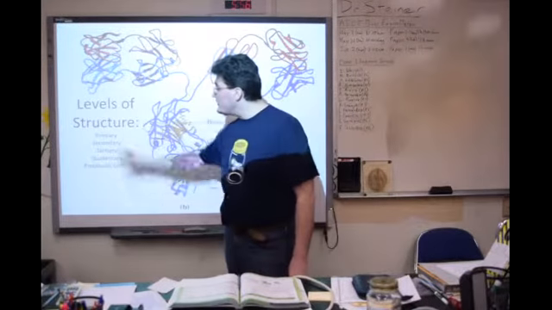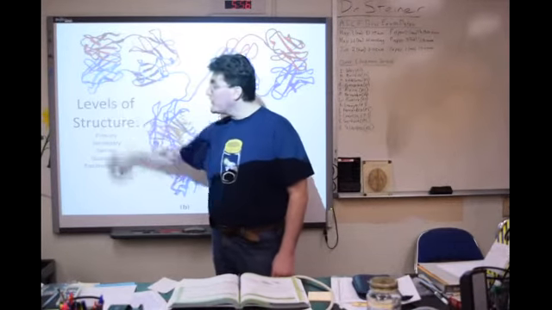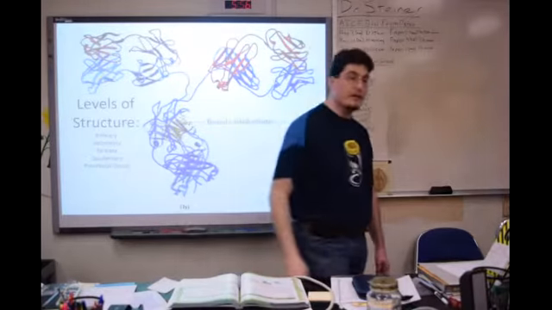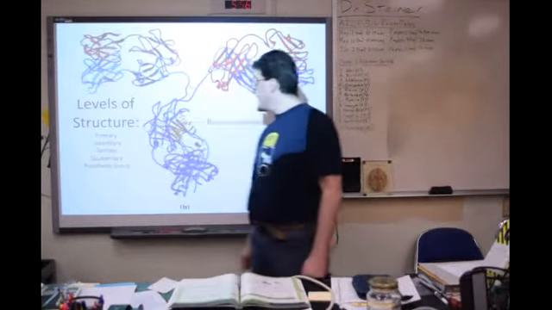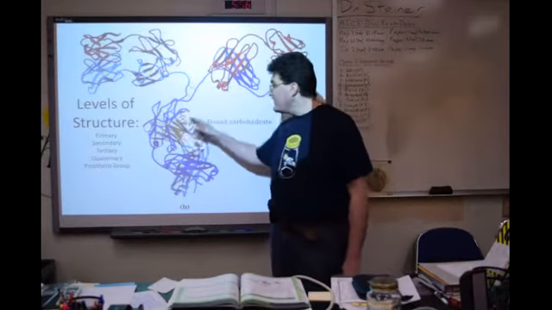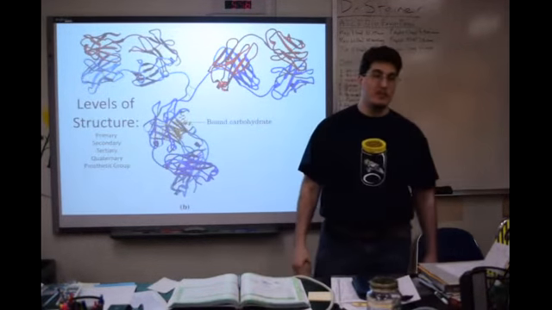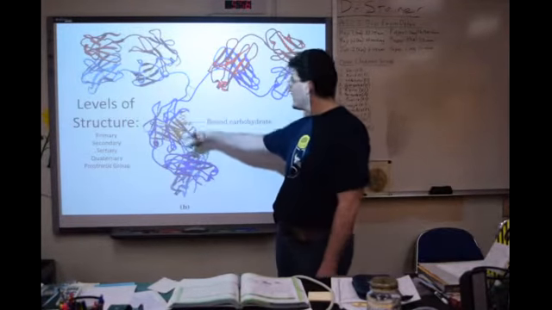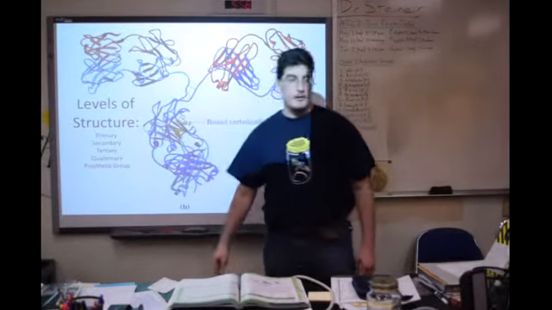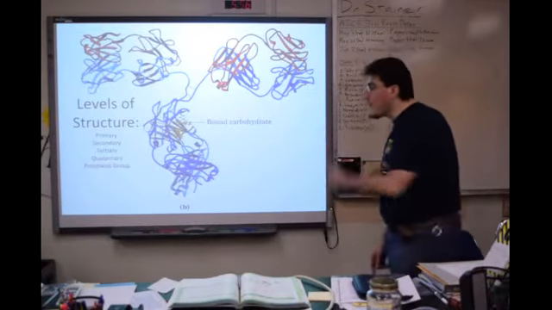So, quaternary is built upon tertiary, which is built upon secondary, which is built upon primary. Every part is built upon the next. And a prosthetic group is also present, making this a glycoprotein. It has a carbohydrate here bound, making it identifiable.